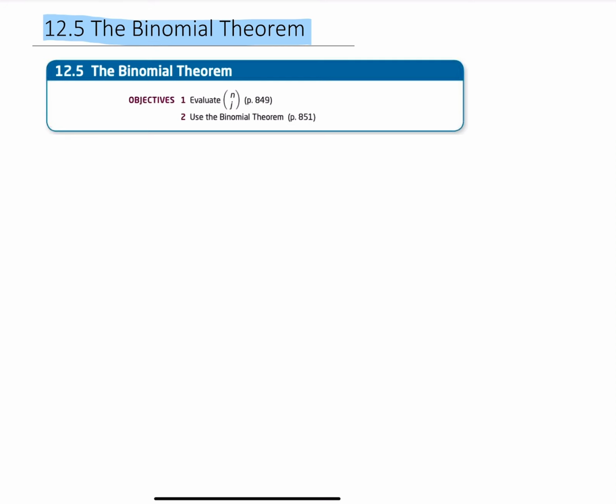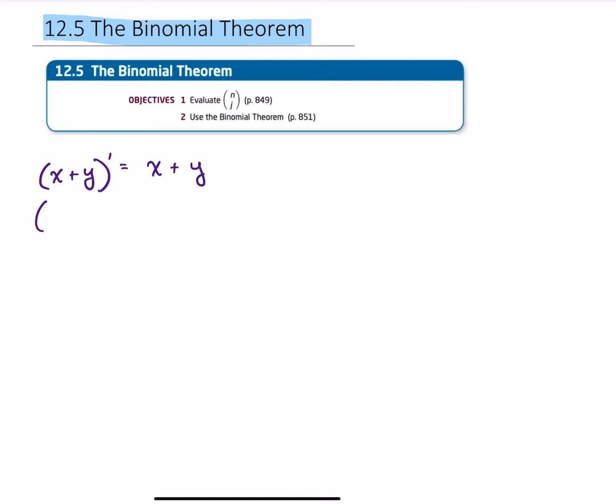So this will be a way of expanding out some binomial, which is an expression with two terms. So I can imagine like x plus y. If we raise it to the first power, we get just x plus y.